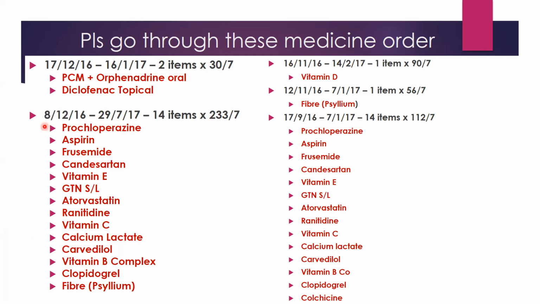And then this is the full medication list, most likely prescribed by the cardiologist. This one is prescribed for how many days? 233 days. This one's for 30 days, okay, 90 days. And then someone else prescribed vitamin D, someone else prescribed psyllium because of constipation.